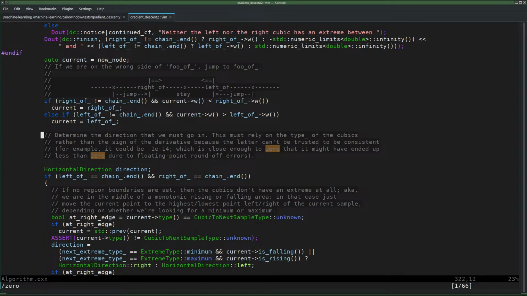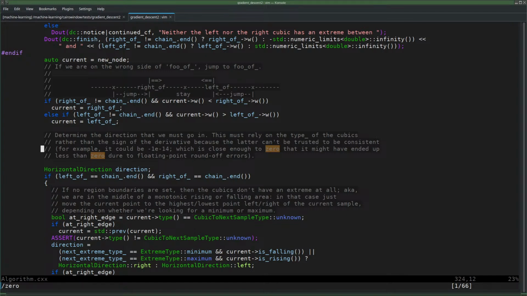Let me see, what is this? Determine the direction we must go in. This must rely on the type of the cubics rather than the sign of the derivative, because the latter can't be trusted to be consistent.